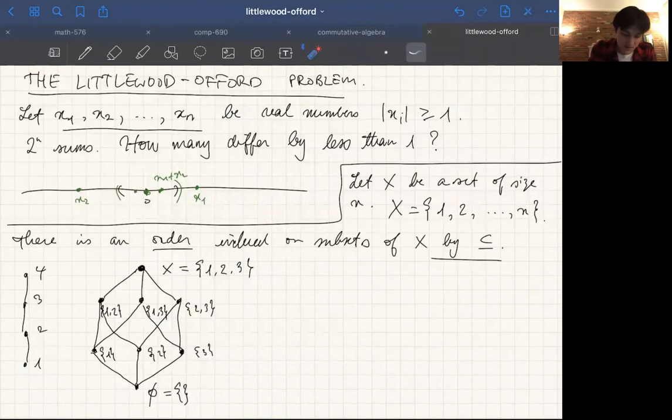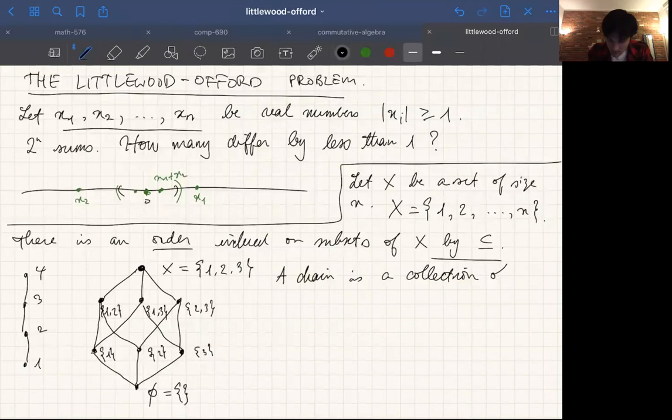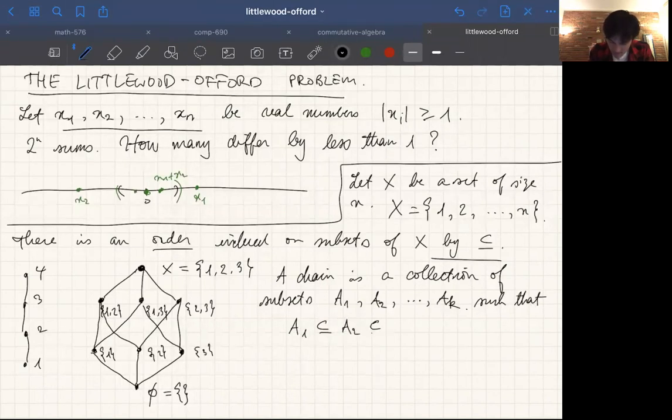Okay, so we're going to need some definitions. So a chain is a collection of subsets A1, A2 through AK, such that A1 is a subset of A2 is a subset of ... AK.